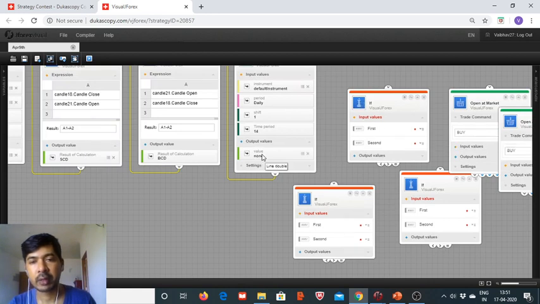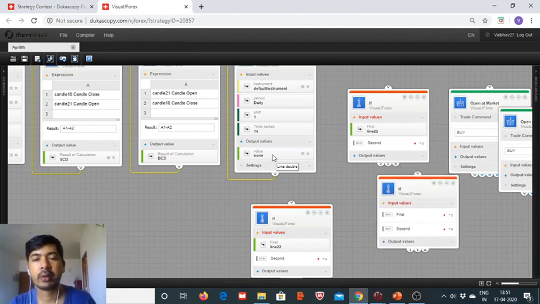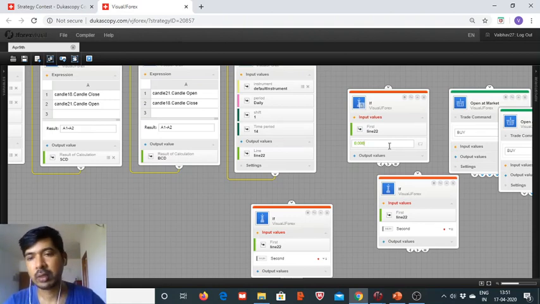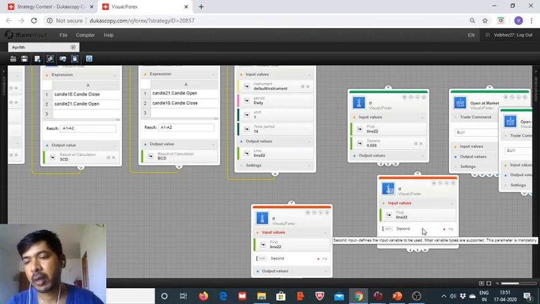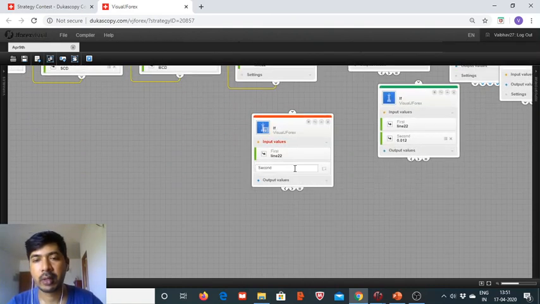Now we take the ATR value of yesterday, daily shift 1, and then we compare the ATR value to the current value: 0.006, 60 pips, and here it should be 0.012, 120 pips, and it is 0.018, 180 pips.